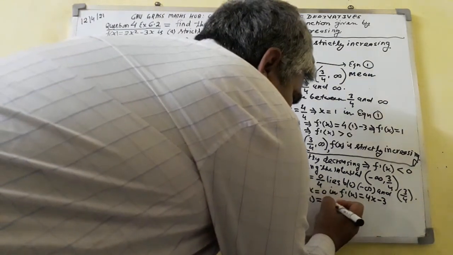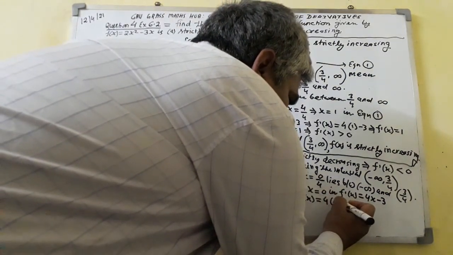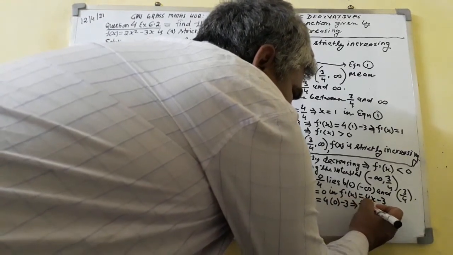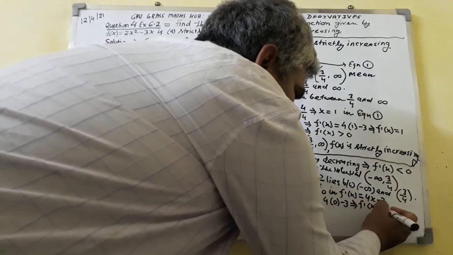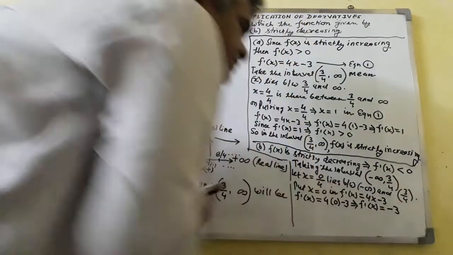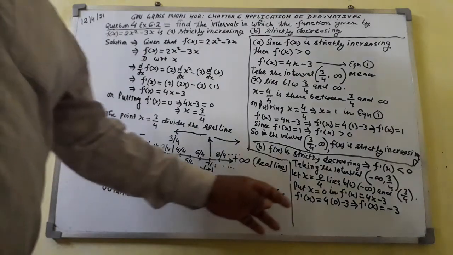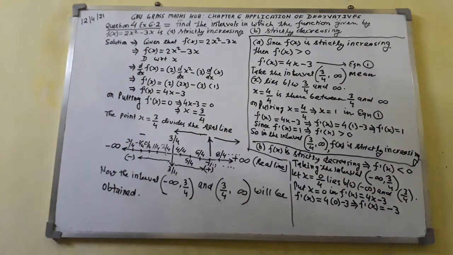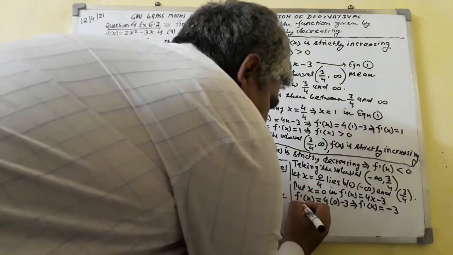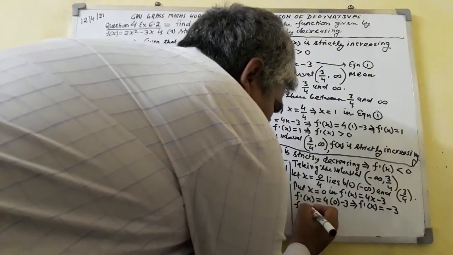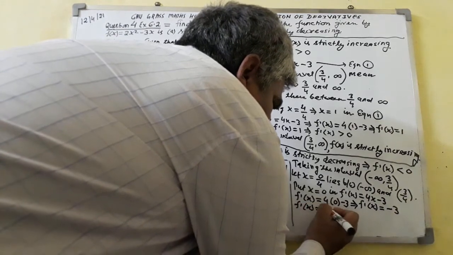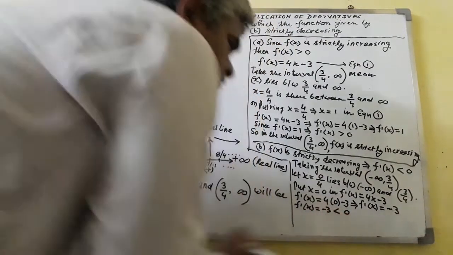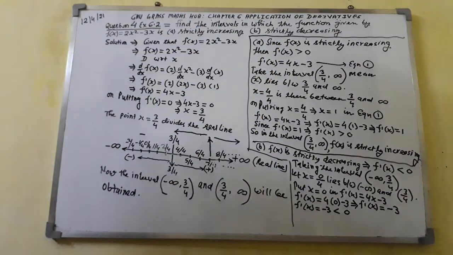So write 4 in bracket 0 minus 3, implies that f dash of x equal to minus 3. So here we have got f dash of x equal to minus 3, which is less than 0.